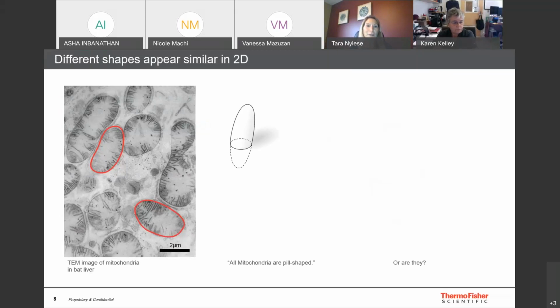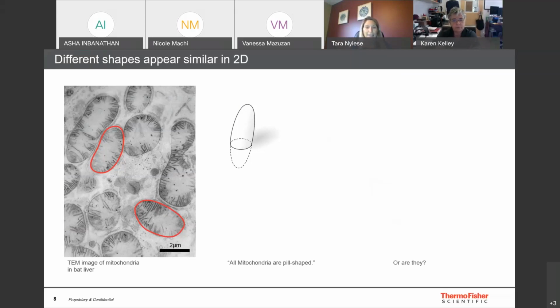The first example that we're looking at here is mitochondria. Of course, this is classic in life sciences. When we look at the TEM image of mitochondria in bat liver, we certainly see that really traditional, classic bean-shaped projection, that cross-section in our TEM section.